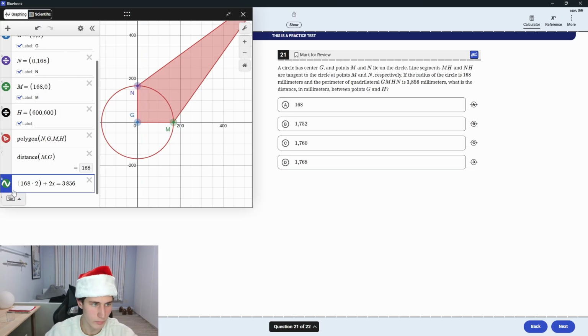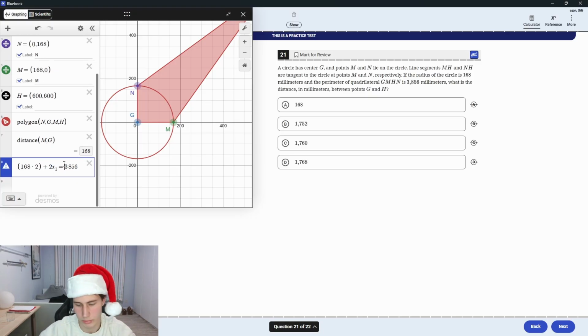So essentially what this is saying is that we know the perimeter of the quadrilateral is 3,856, and two of the 4 sides that we know are 168 each, so 168 times 2 units, plus the 2 unknown sides equals this.